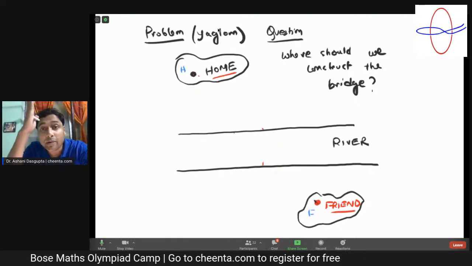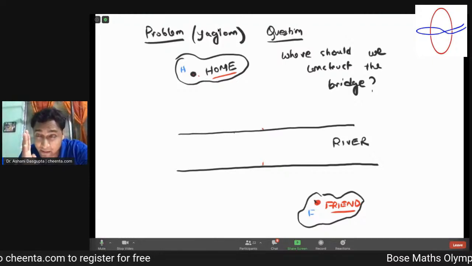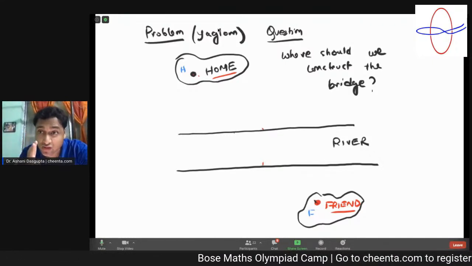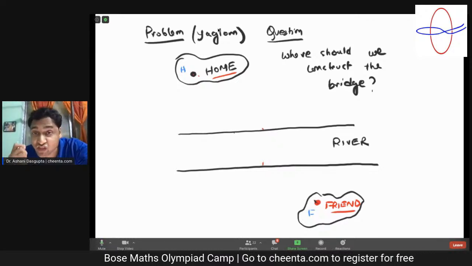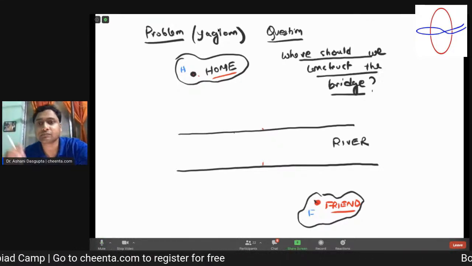And I want to build a bridge that is vertical across the river. The question is, where should we construct the bridge?